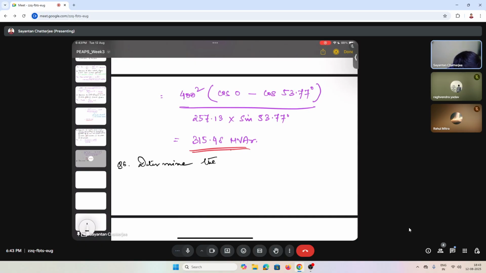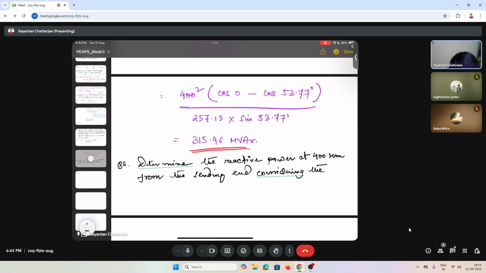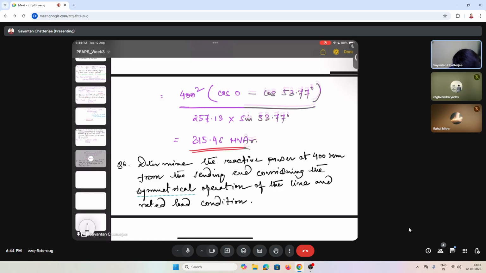Determine the reactive power 400 kilometers from the sending end, considering, so this is the question.